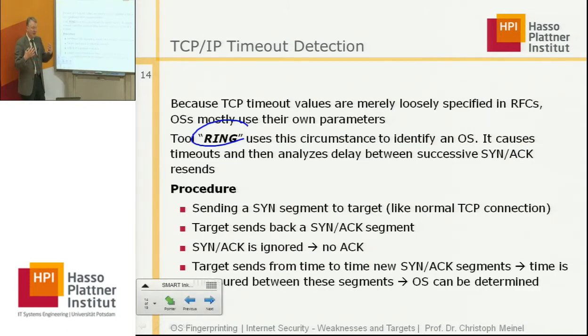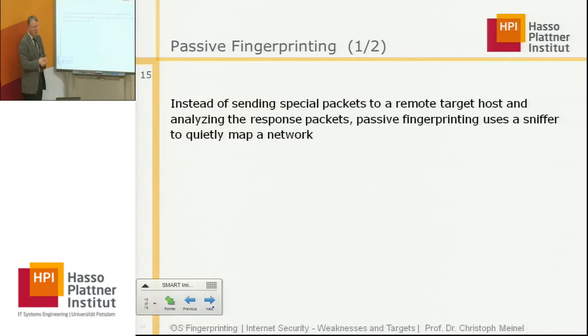And then there is a timeout. The other side thinks the packet got lost, and then sends the SYN acknowledgement again, the retransmission, after a while. Now the system exactly measures the time in between. So Ring can find out the timeout value, and from measuring the timeout value, Ring can conclude the corresponding operating system.